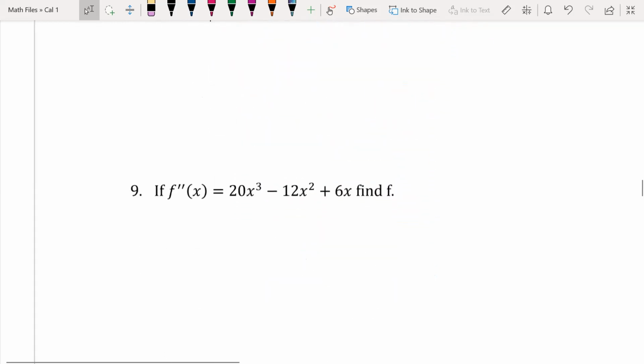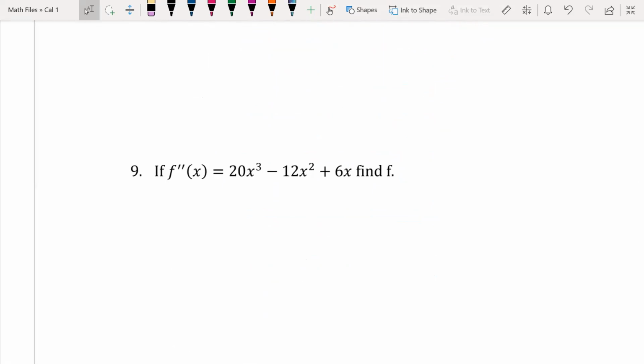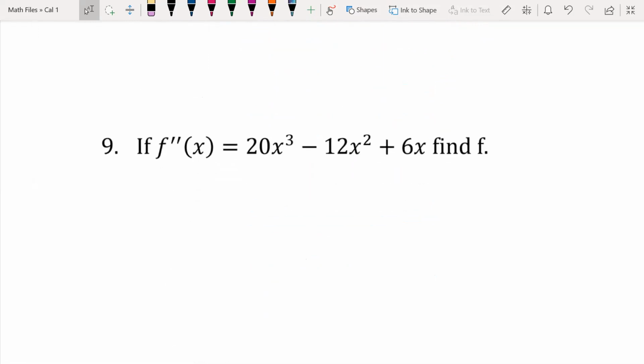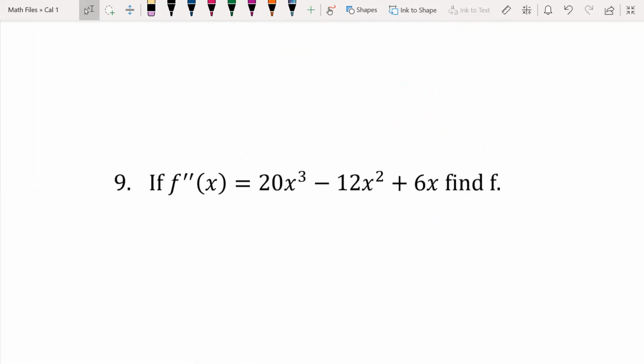All right. Number 9. If the second derivative is 20x cubed minus 12x squared plus 6x, find the original function f. All right. So if we're at the second derivative, this means we're going to have to find the antiderivative. What is that? Twice.